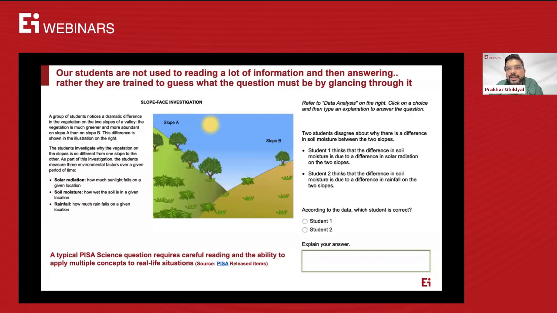PISA happens for 15-year-olds in OECD countries. I'll give you 2 more minutes to read this because I know this is too much reading for the first time.